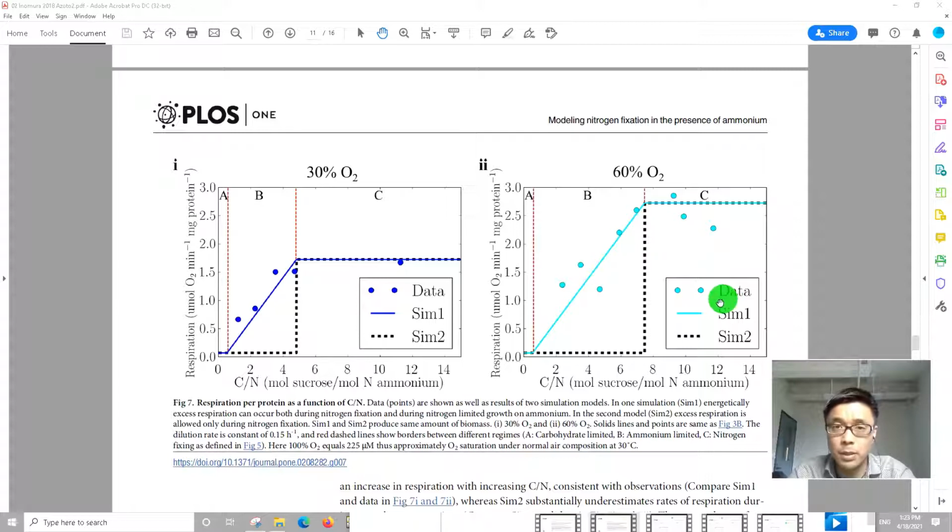I'll explain that with panel 2 because these two panels are really similar. Dots are data, the solid line is simulation 1, and the dotted line is simulation 2.